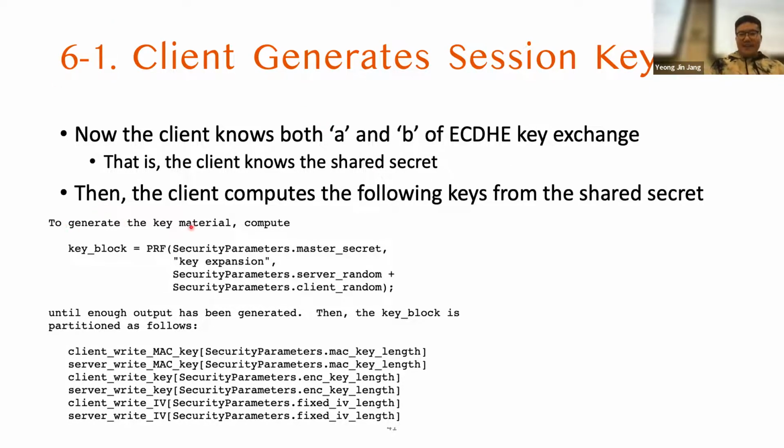To generate the key material, this is directly excerpted from the RFC of TLS version 1.2. So this is the key, and here is the PRF, the pseudo-random function. We can use any kind of pseudo-random function, because this is a standard and it's quite neutral about that, but we will use SHA-256 as the PRF. Here, the security parameter is the master secret.